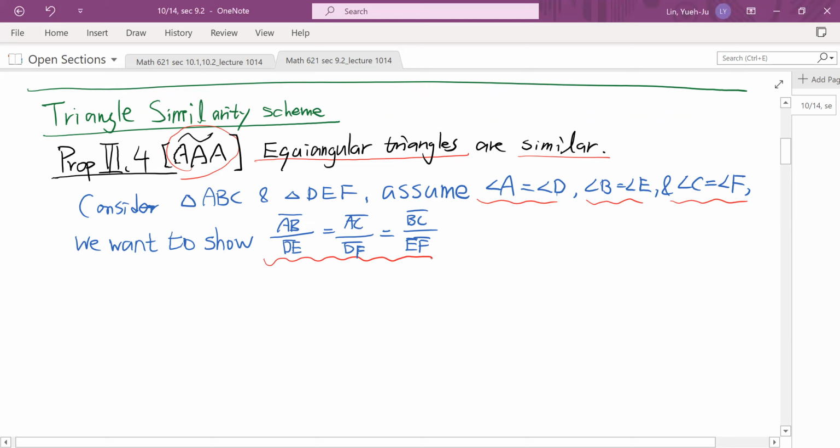So this tells you that if you already know that all the angles are equal, corresponding equiangular, then it implies the sides will also be proportionate.